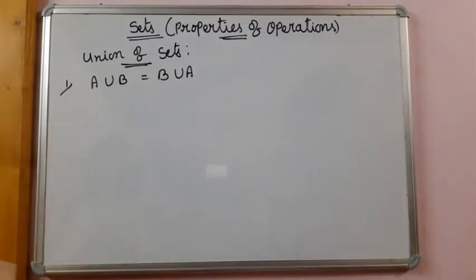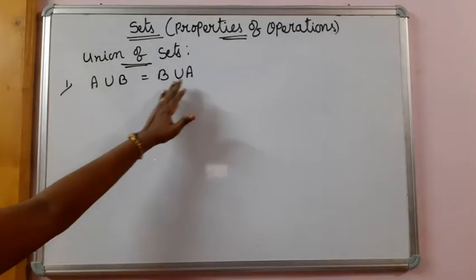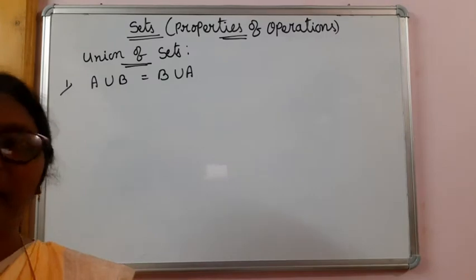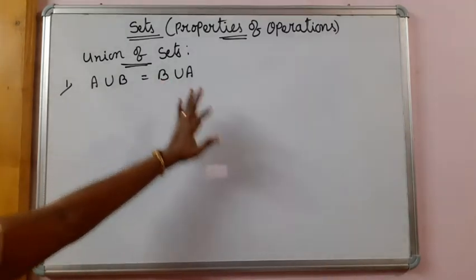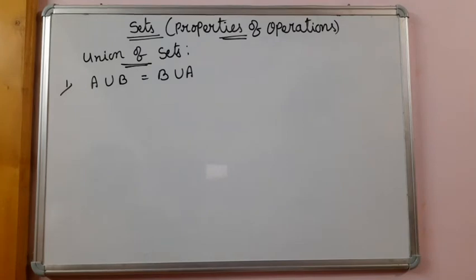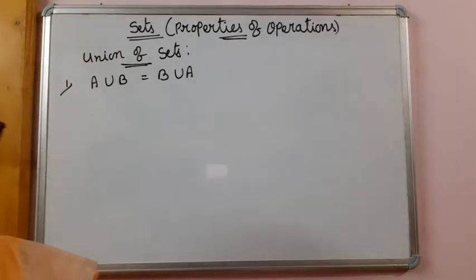If A and B are two sets, when you find A union B and B union A, we get the same elements. That's why A union B is equal to B union A. That is said to be commutative. You have already learned the commutative property of addition and multiplication.